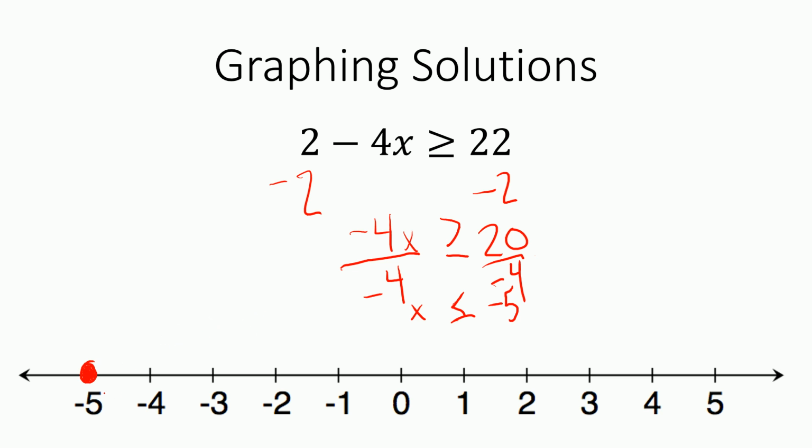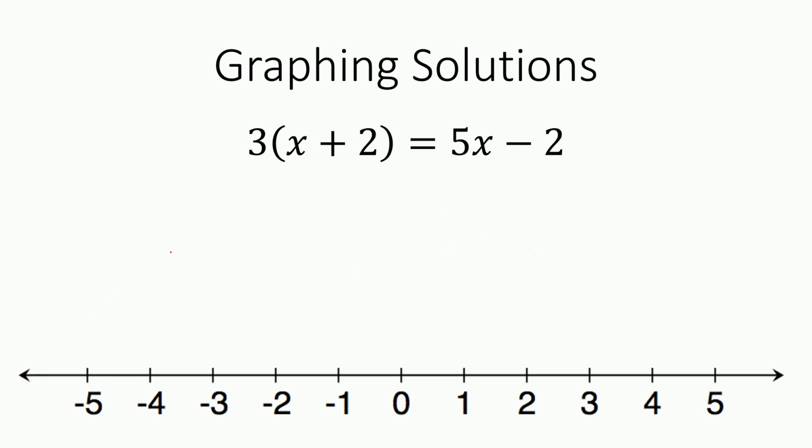And then I'm going to draw an arrow in the direction of the inequality symbol. So with this being less than, on the number line, less than means we go to the left, and we can make that darker. If I had maybe a ruler, I could draw it straighter, but I make sure that it's clear that my solutions are going to be the point negative 5 and then anything less than that.